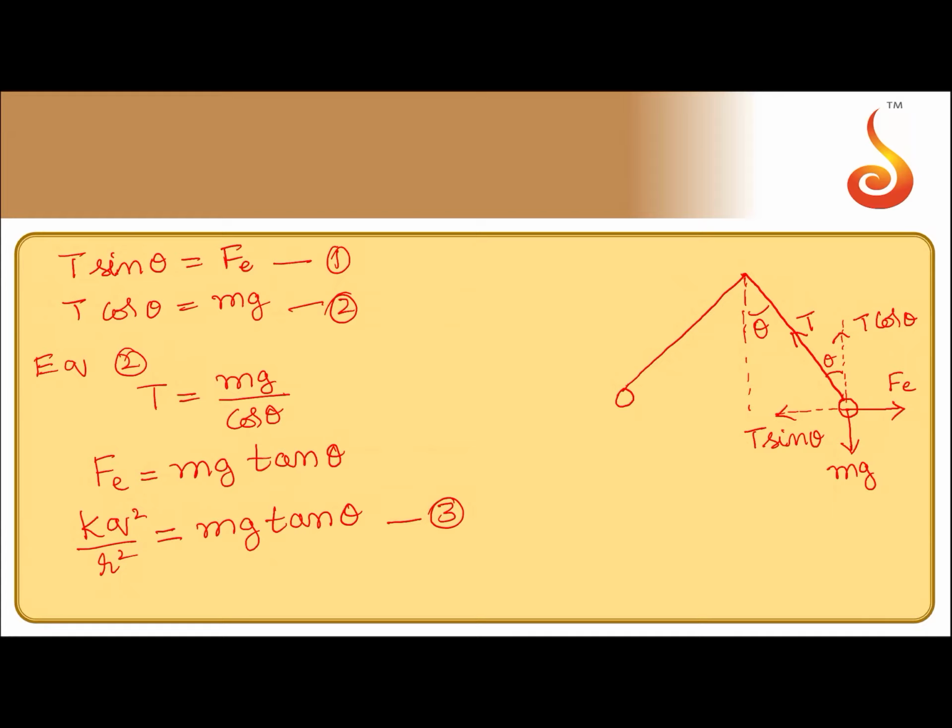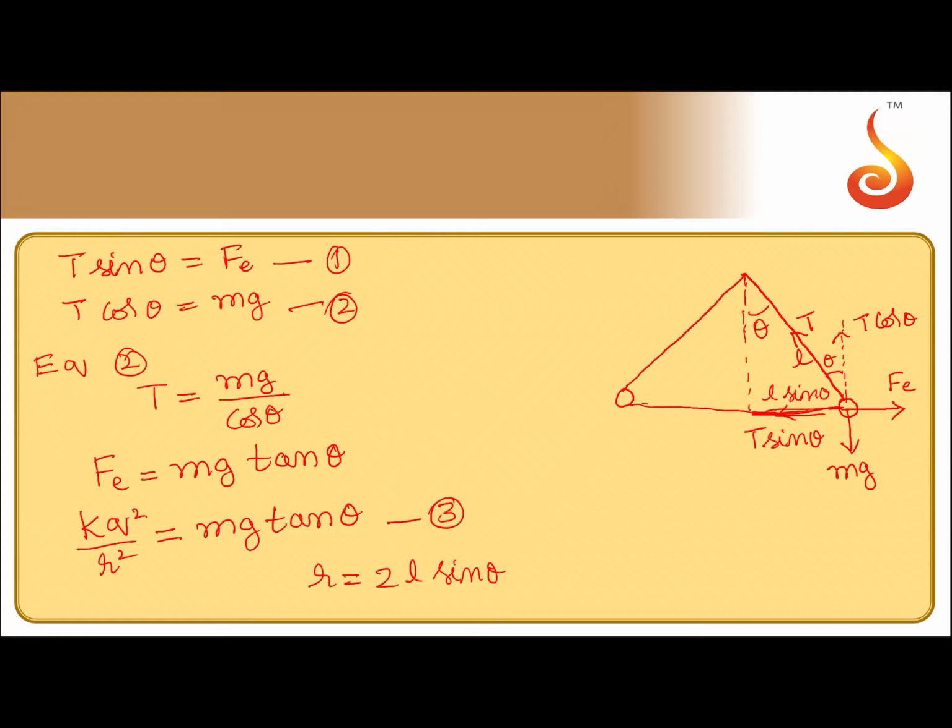Now, r is equal to this distance. If the length of each string is L, then this distance can be called L sin theta. So, r will be equal to 2 times L sin theta, right?